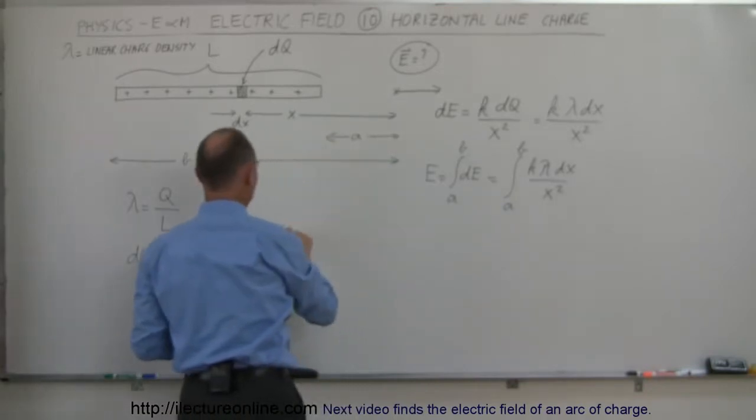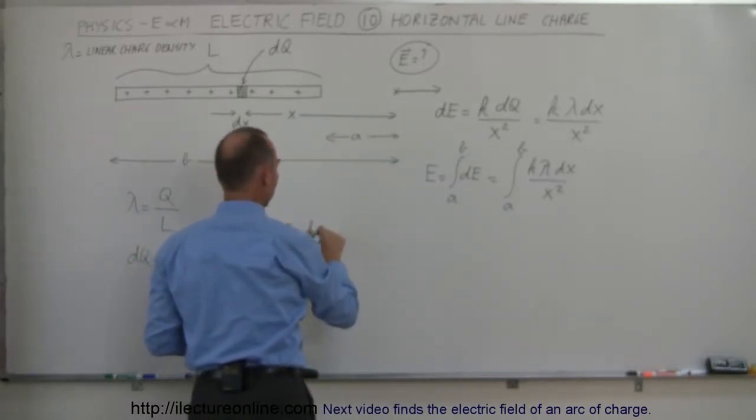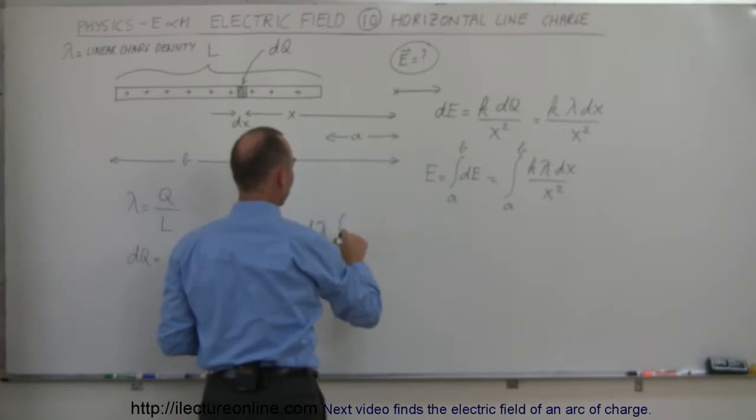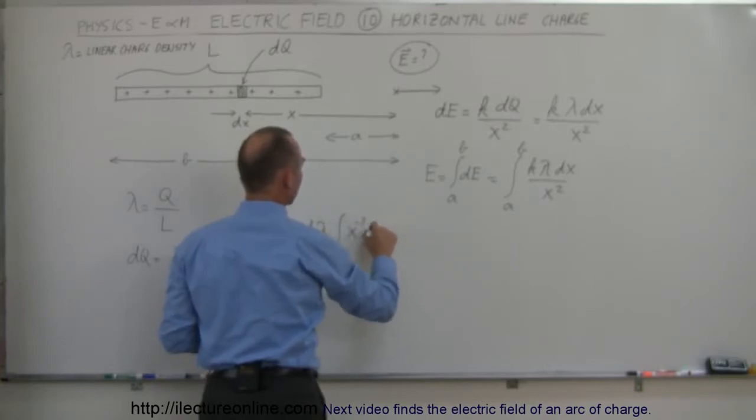So the electric field is equal to k times lambda times the integral of x to the minus 2 dx from A to B.